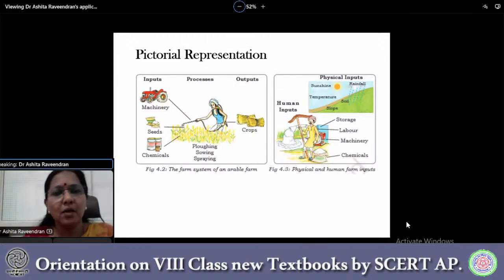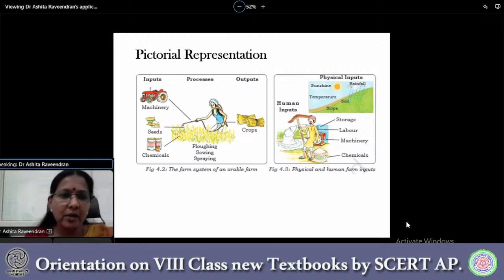Now you have pictorial representations also given. This becomes very helpful because when information is given in paragraphs and long sentences, the child may not be able to retain it. Such pictorial representations show the activities in the agriculture field and the types of human inputs, like storage, labor, machinery and chemicals, and the physical inputs available, like sunshine, temperature, rainfall, soil, and the slope of the land.